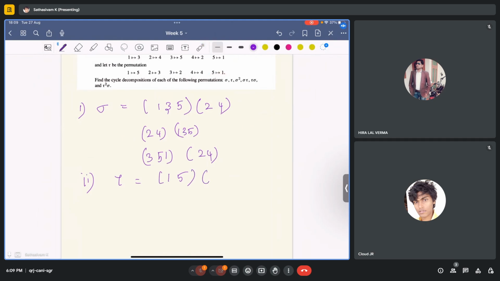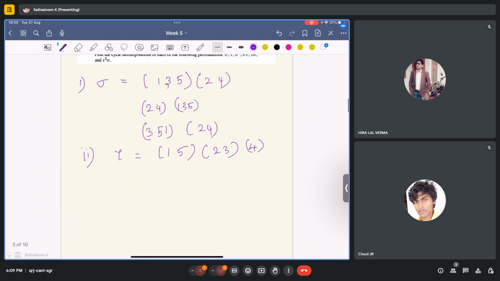So this cycle is closed. Here 2 goes to 3, 3 goes back to 2. And 4 goes to 4 itself. So sometimes you can just write it like this, or you can just ignore it. If there is only one element in a cycle, you can ignore it, and we can write it like this.